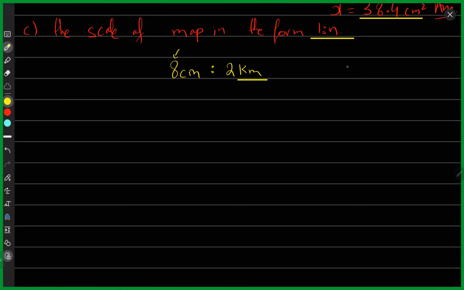So again, 1 kilometer, kilo means 1000, has 1000 meters. And then 1 meter has 100 centimeters.